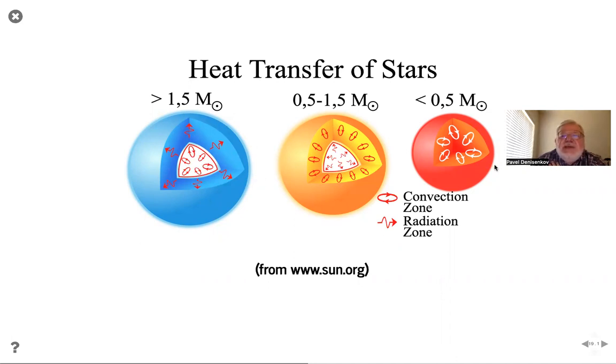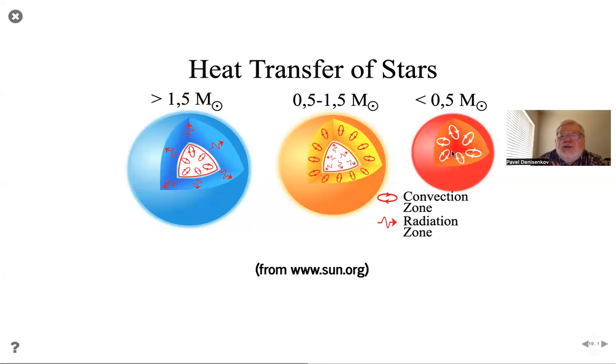For instance, if you take a very low mass star, a main sequence star with mass smaller than half a solar mass, in almost the entire star the heat is transported by convection, which means that all low mass main sequence stars are fully convective.